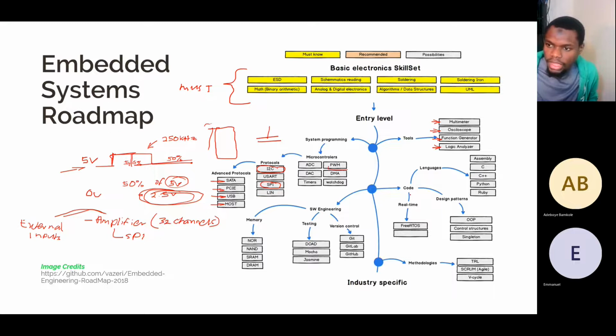And then we also talk about languages. There are multiple languages used to program embedded systems. Some people use C, some use C++, some use Python, assembly. I can't really say which is best, but C is, from what I know, the closest to hardware level. Oh no, C is not the closest.